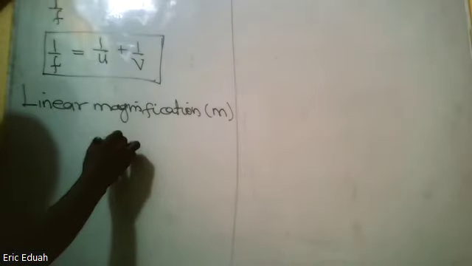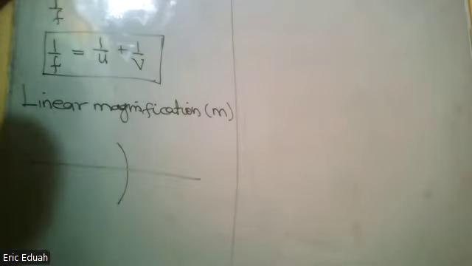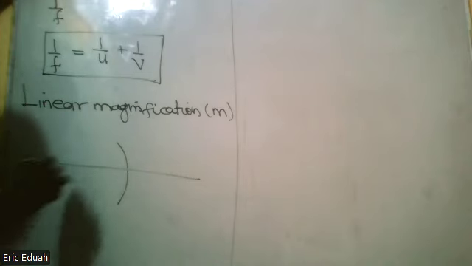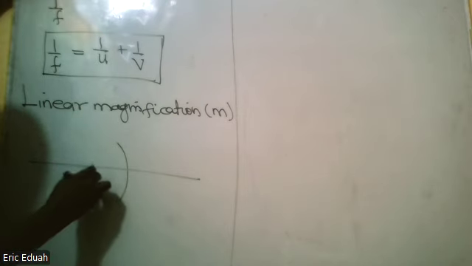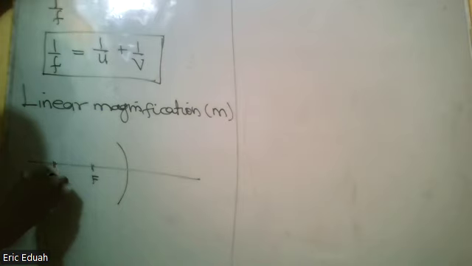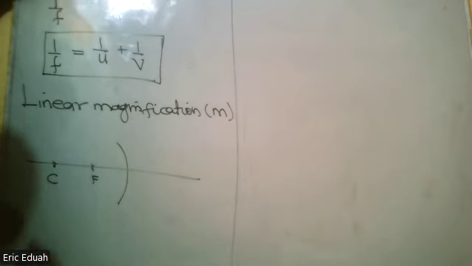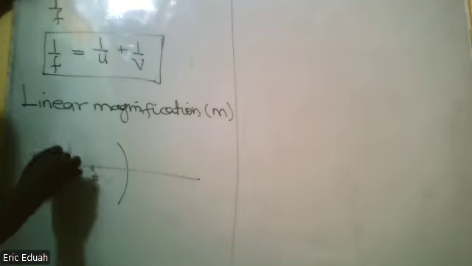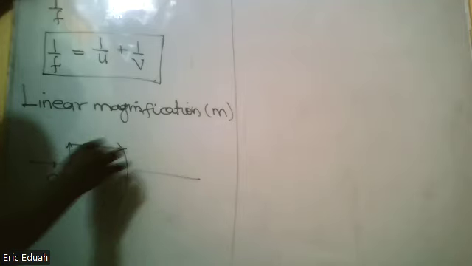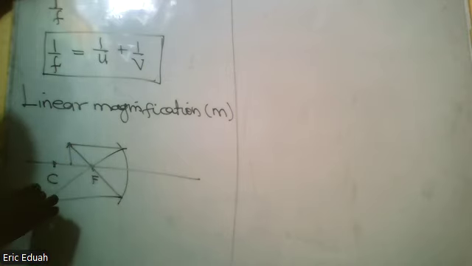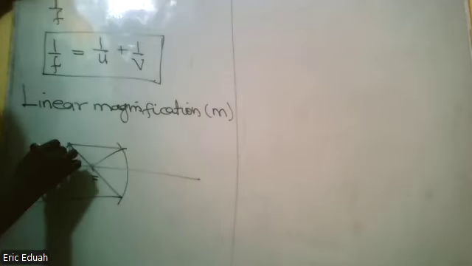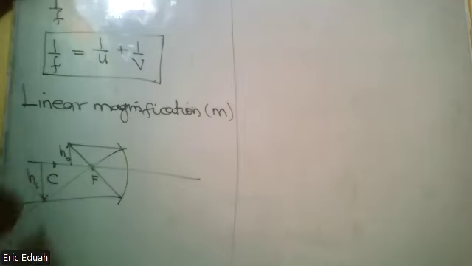Math. You see, once we describe the nature of the image, sometimes we say the image is magnified or diminished. When an object is placed between C and F, and you use a ray diagram, the image is magnified. This is HO, this is HI.